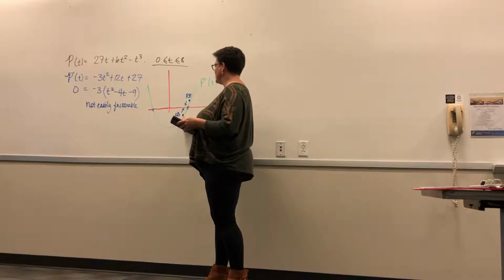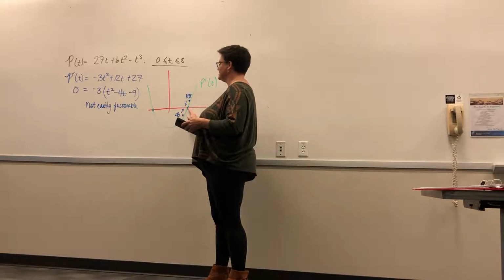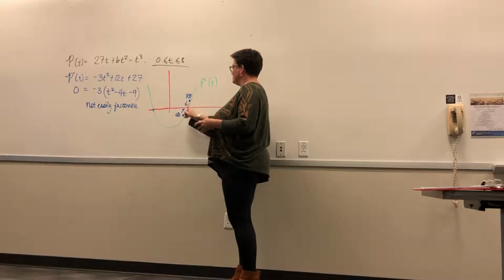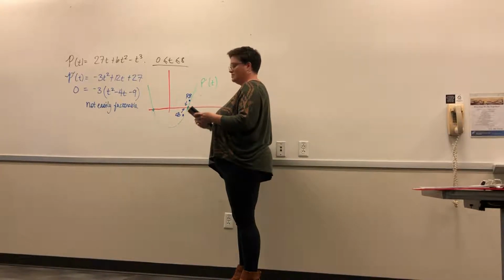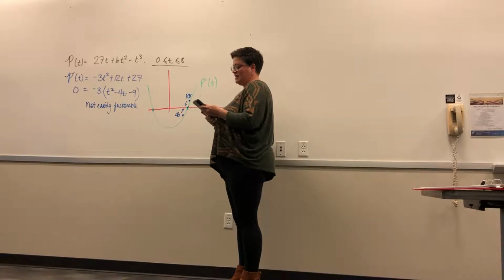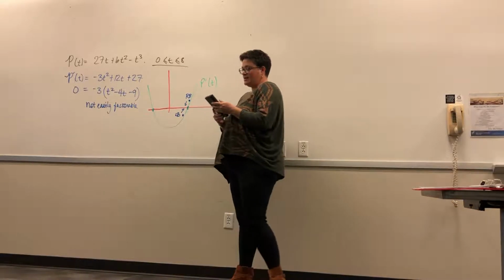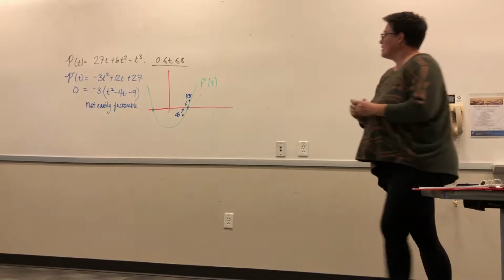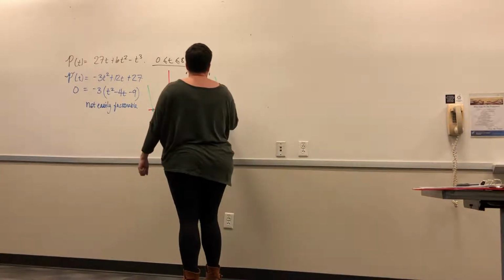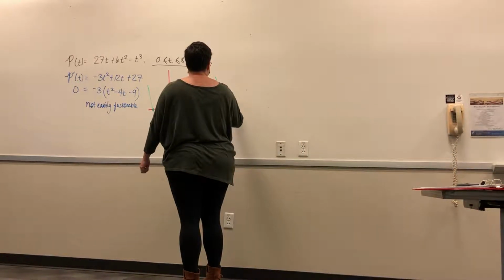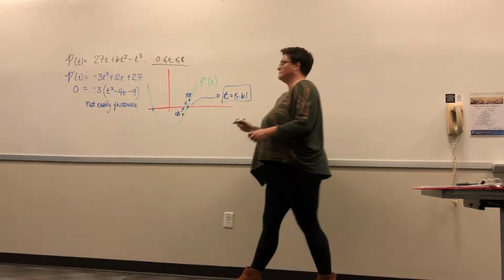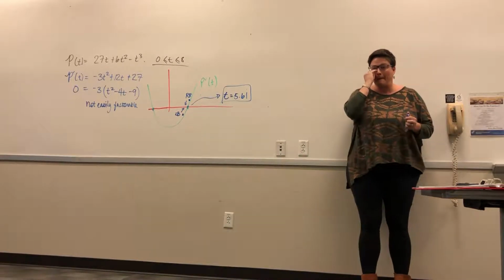Hit enter, and then cursor until it's a little bit to the right. Enter, and then guess, enter. And I get X equals 5.61. So this X value, or T in this case, is 5.61. Questions?